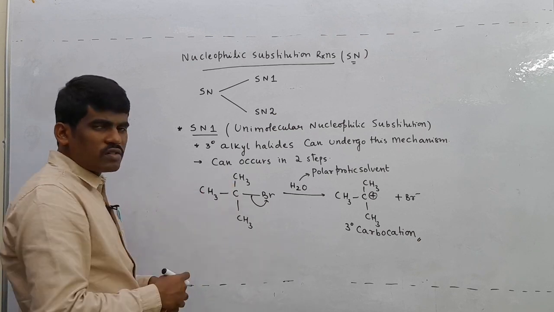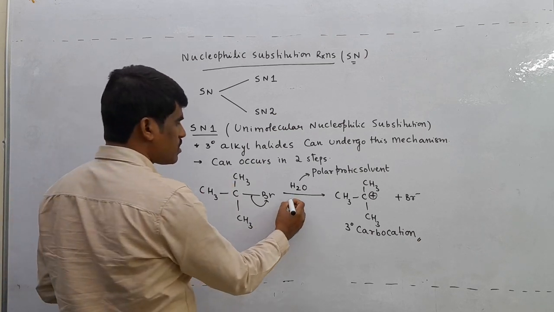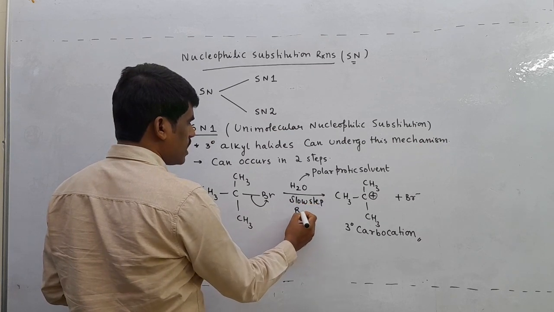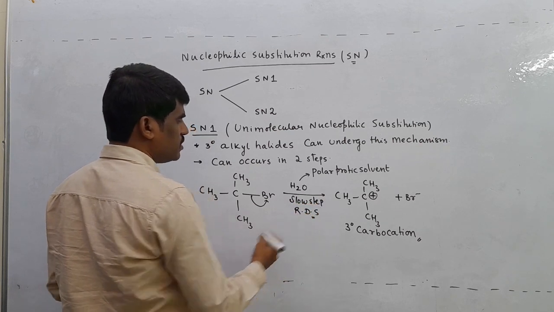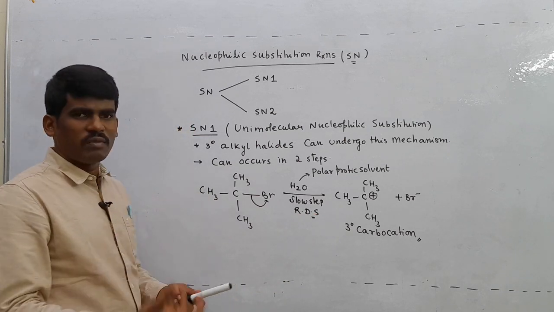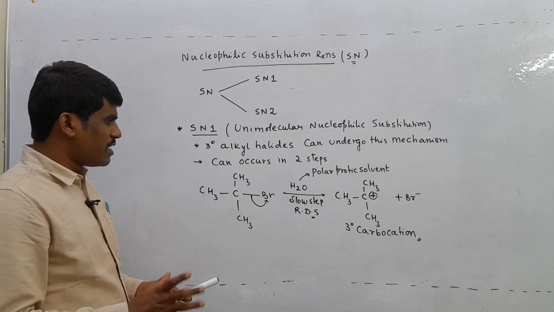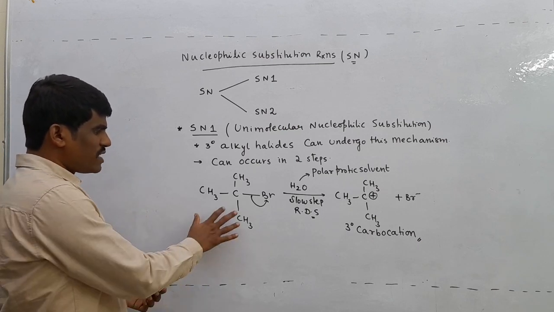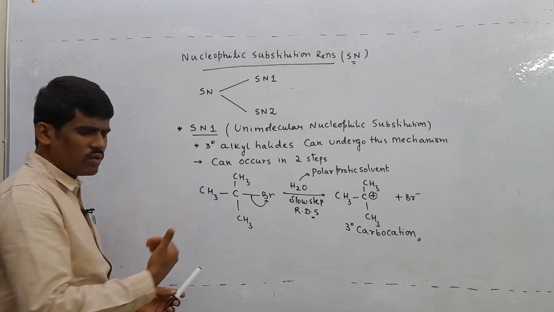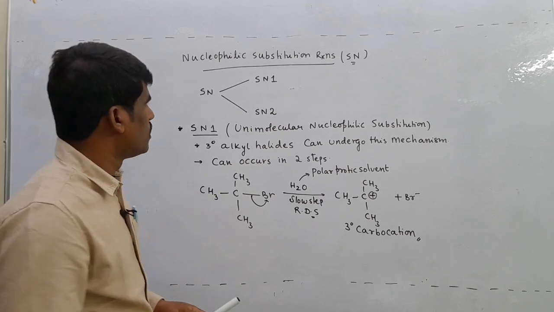Because breaking of bonds is involved, it is a slow step, as well as the rate determining step. That means the rate depends on the concentration of the alkyl halide.